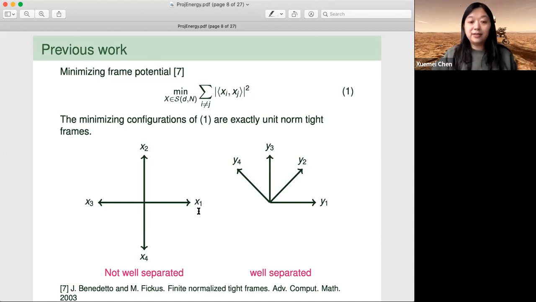There is no separation at all. Both of the two pictures are minimizers, but on the left it's the worst separated, and on the right is the best separated. Which means that if we minimize the frame potential, it doesn't necessarily give us well-separated frames.